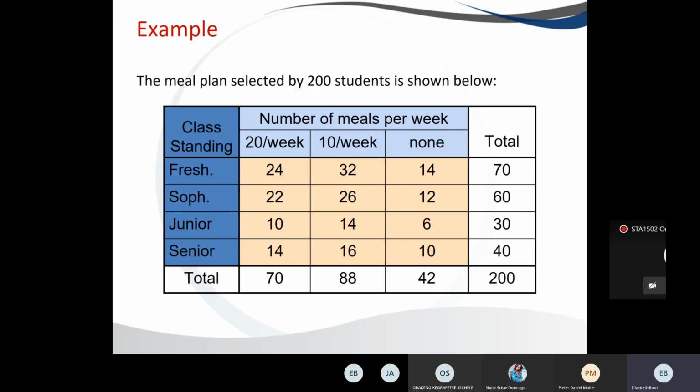N, which is our grand total, is 24 plus 32 plus 14 plus 22 plus that until 10, it will give you 200. Or you can just add all the totals for the rows, or you can add the totals of the columns, because 70 plus 88 plus 42 will give you 200.